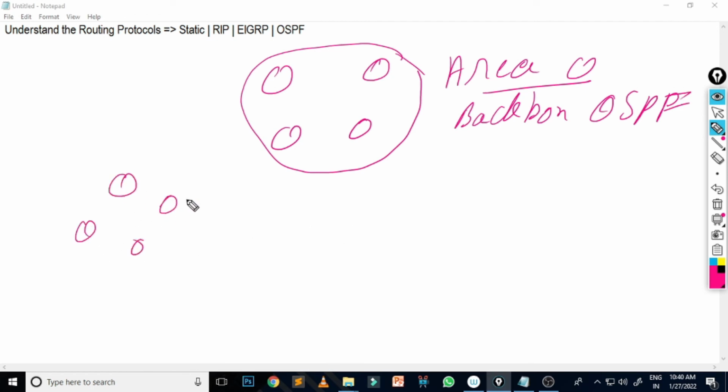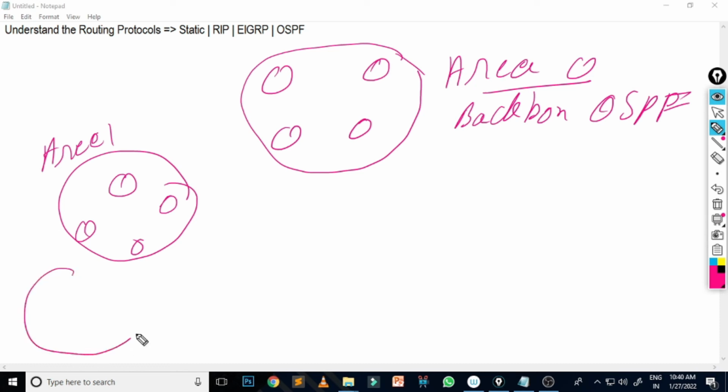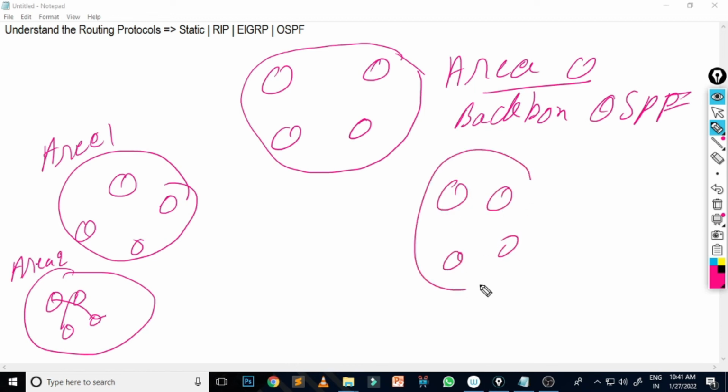Let's say these 4 routers are in area 1, and we have another area which also has some routers, and let's say it's area 2, and we have some area out here on this side.